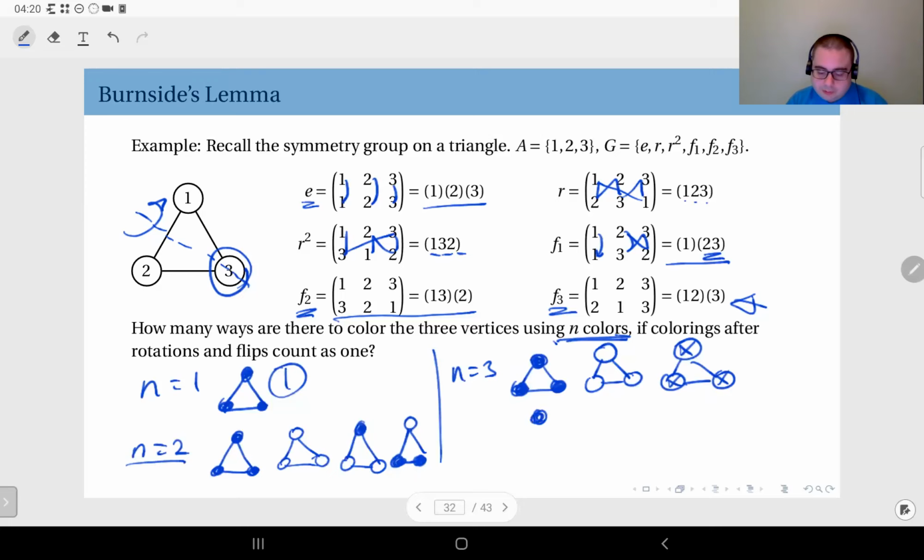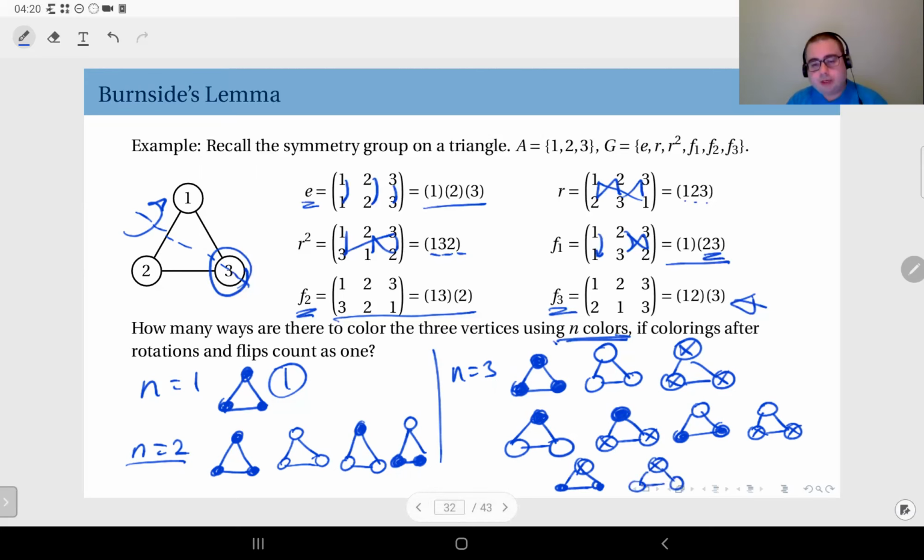So maybe like this. And I also have this one here with the two others. And finally, you can have one where each vertex has a different color. So in total, you have 10.